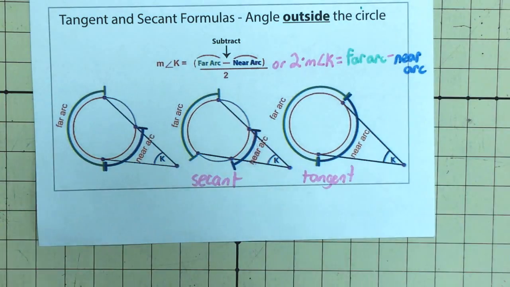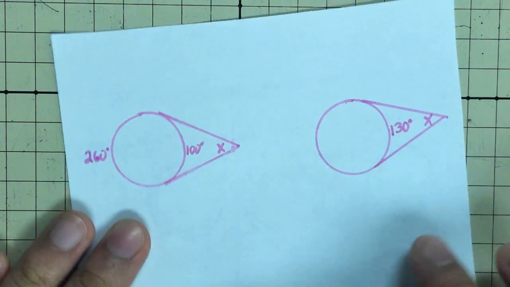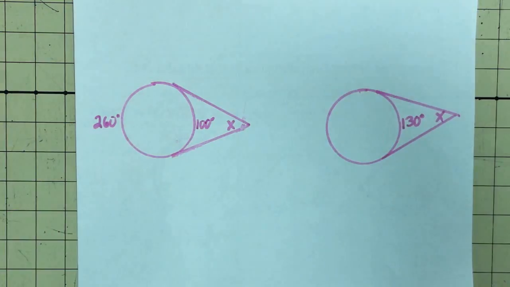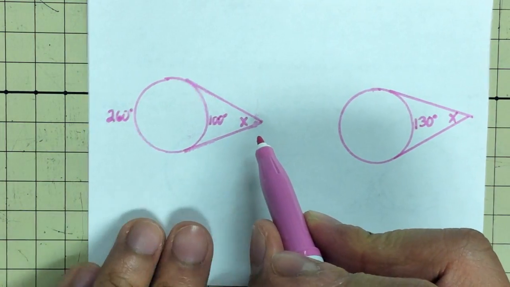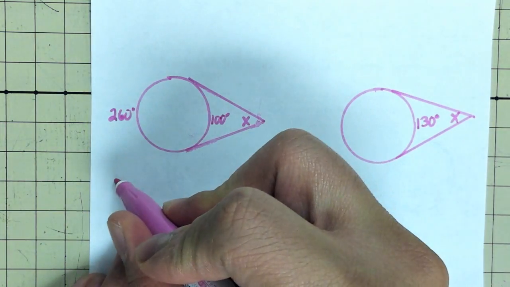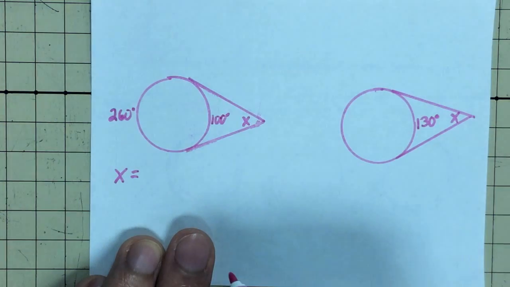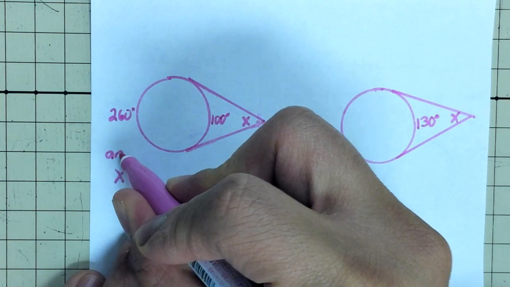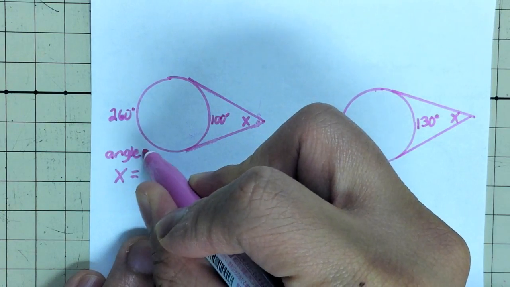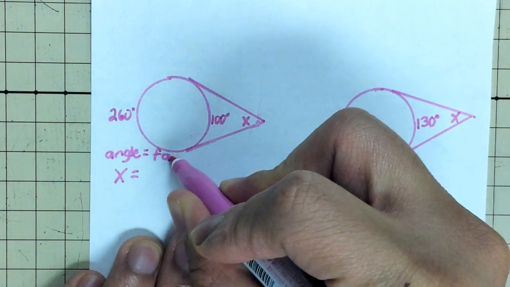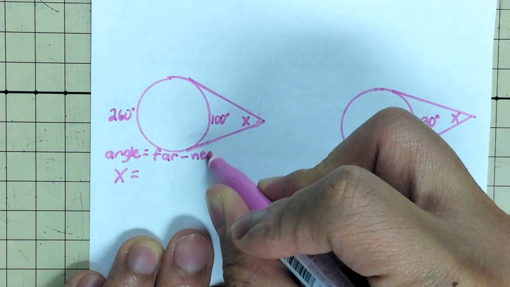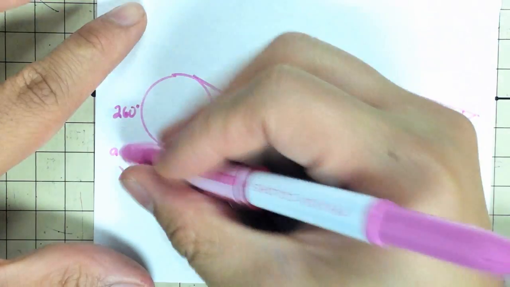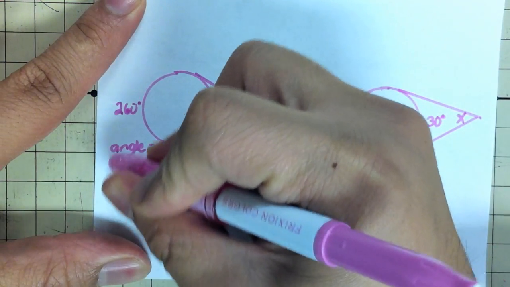So let's do an example using that concept. Over here, using my formula, I have angle K, in this case it's X, equals, let me write them down, angle equals far arc minus near arc divided by 2. So let me move this text down a bit so I have room.